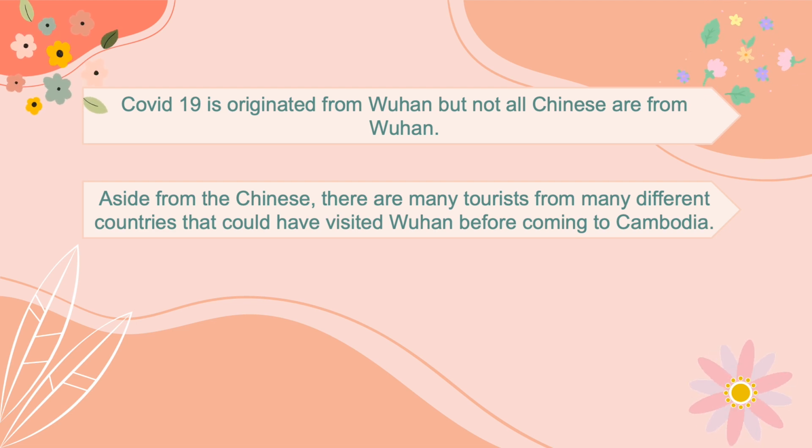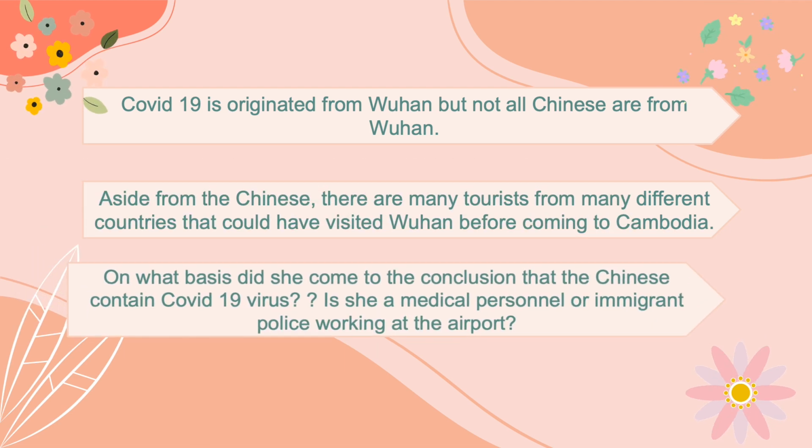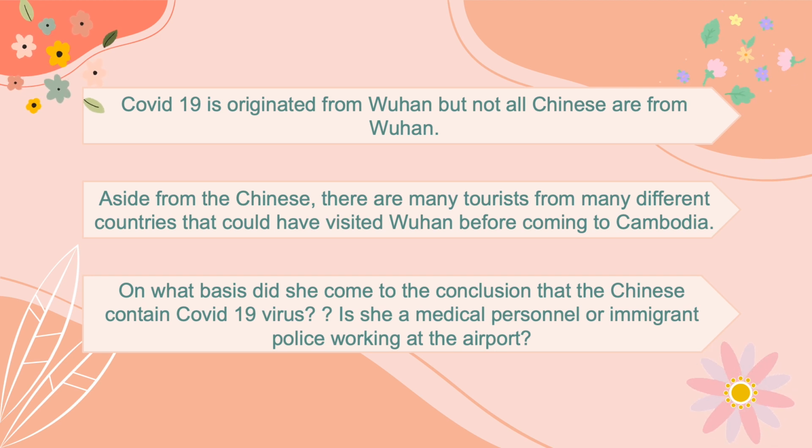Moreover, how credible is your friend's statement? On what basis did she come to the conclusion that the Chinese carry the COVID-19 virus? Is she medical personnel or a migration police officer working at the airport? This may not guarantee that it is safe to stay near Chinese people, but the reasons above give us a good reason that her claim is not credible and should not be accepted.